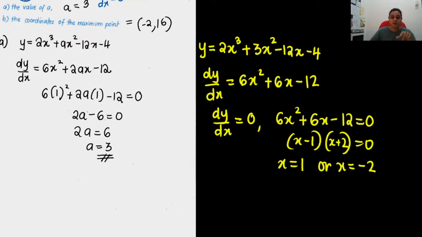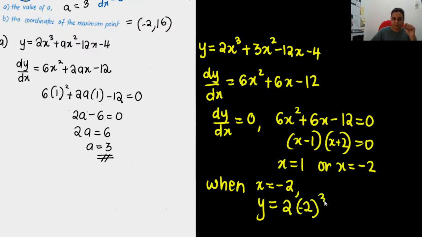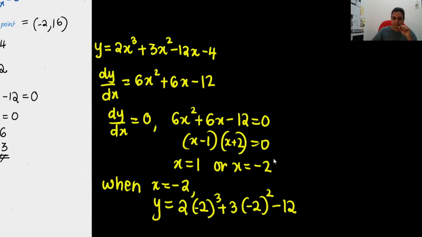But right now what we need to do is find the y value. So let's find the y. When x is negative 2, y is just substituted inside the y: 2(negative 2) to the power 3 plus 3(negative 2) squared minus 12(negative 2) minus 4.